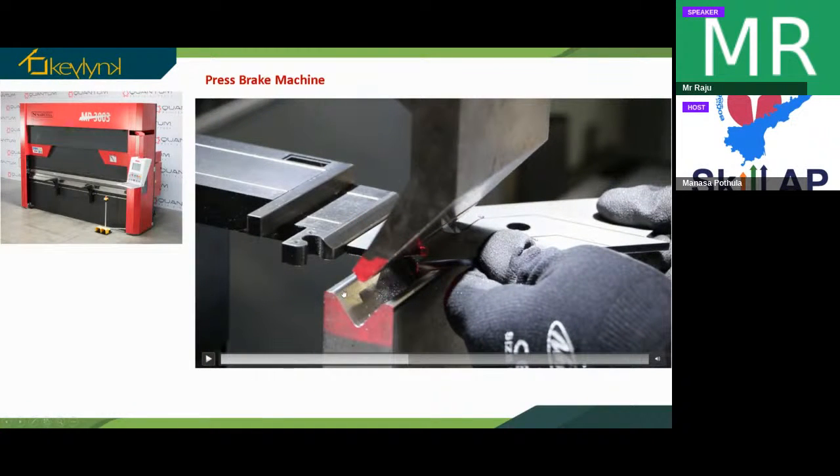As we can see here, this is a die cavity, the female portion of it, and the laser or sensor is detecting the sheet metal that the worker is putting against it.